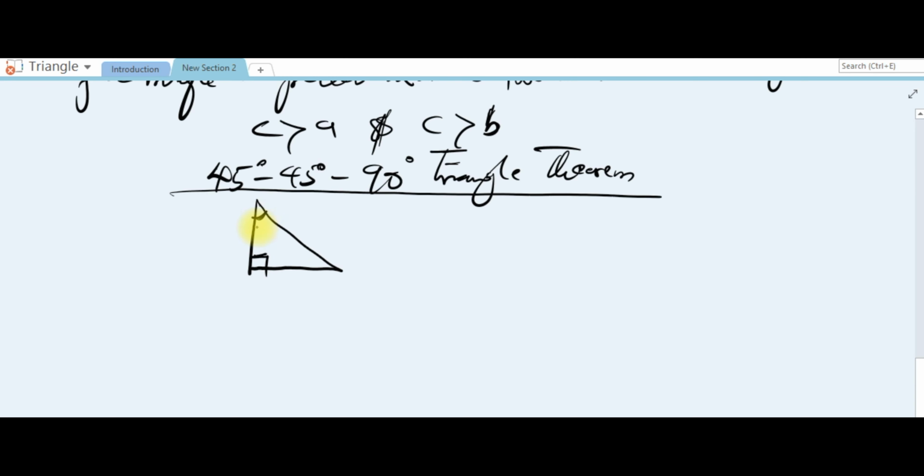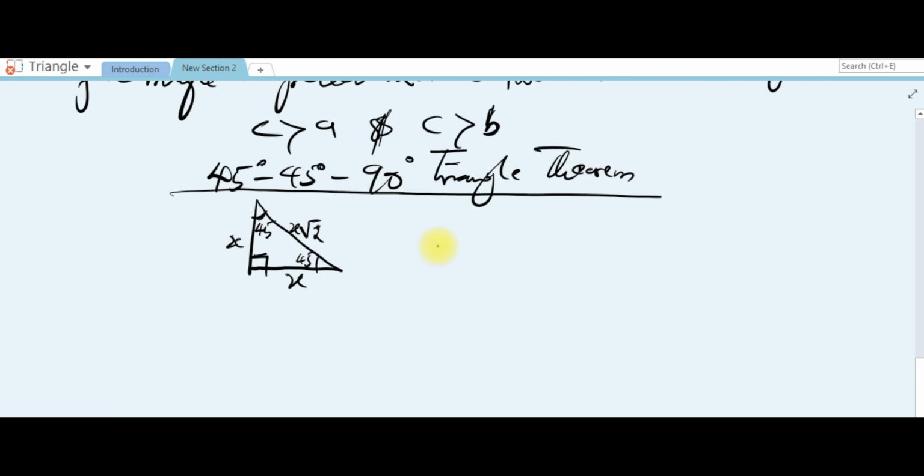If here is x, here should be x by the isosceles triangle theorem, that the base angles are the same. So the hypotenuse must be x root 2.